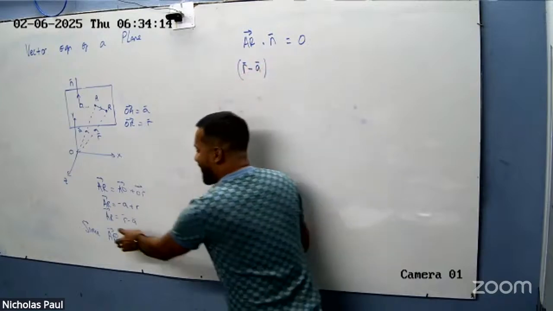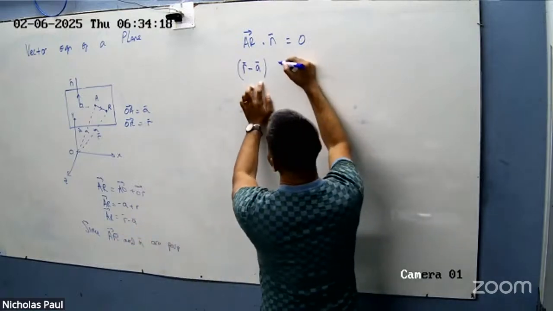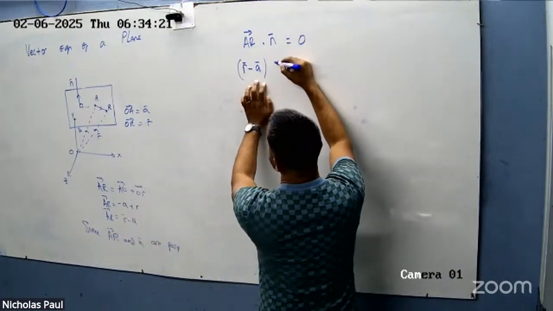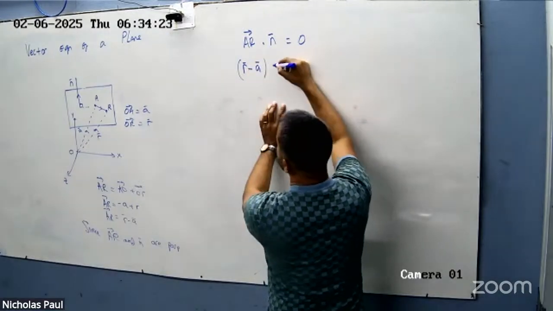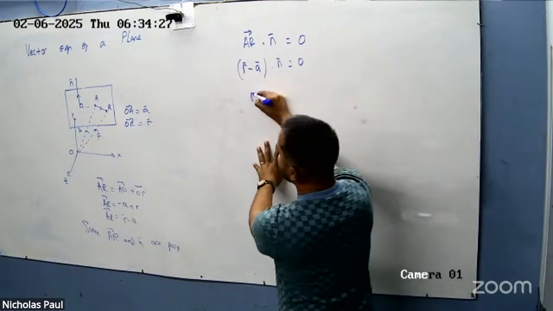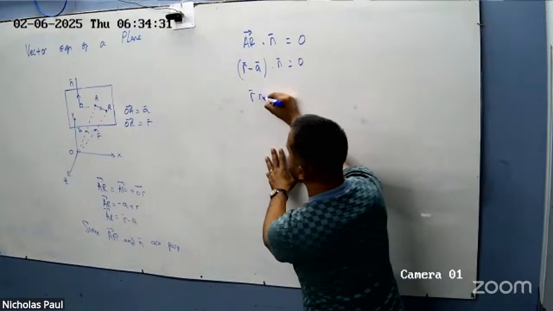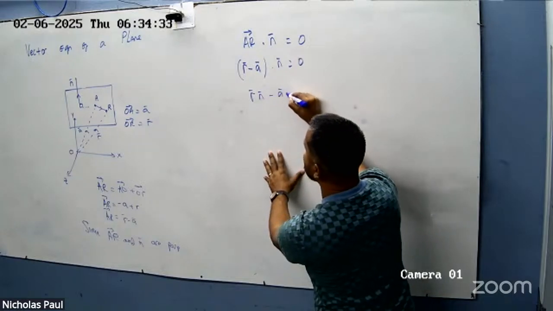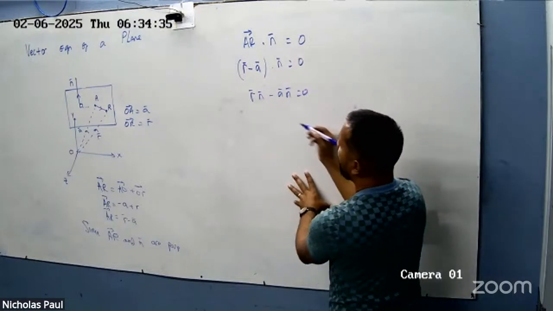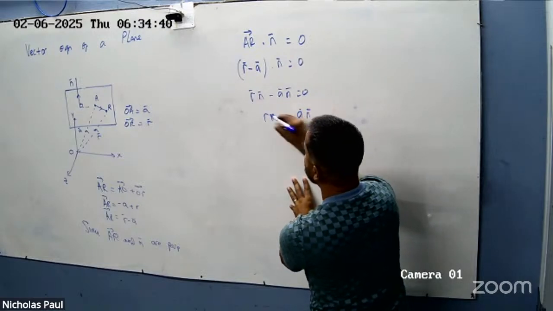AR is equal to R minus A, and N is that perpendicular vector. When you multiply this out, you'll get R.N minus A.N is equal to 0, or R.N is equal to A.N.